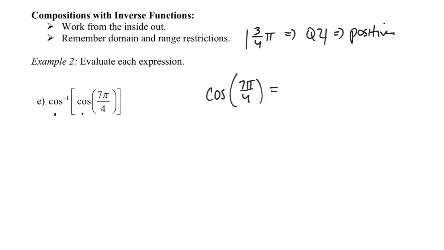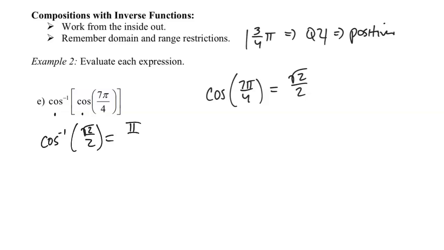And so now the reference angle being pi over 4 means that this is going to be the same as cosine of pi over 4, which I know is the square root of 2 over 2. And so now this is going to become cosine inverse of the square root of 2 over 2. And so now we're asking ourselves, what angle in quadrant 1, because I know that if it's cosine inverse of a positive, the answer has to come from quadrant 1, has a cosine value of square root of 2 over 2?